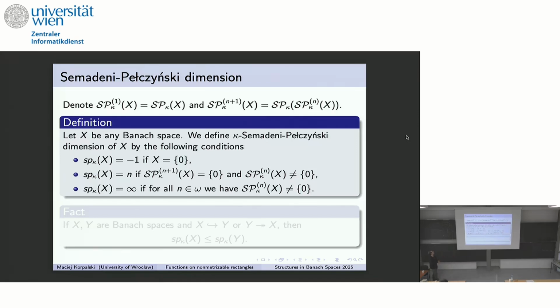That's easy. If we define dimension -1, it goes for the empty space. In this case, the empty space is just the space of 0. And this middle condition is crucial. Dimension is equal to n if the n+1 derivative is 0, but the nth derivative isn't 0.